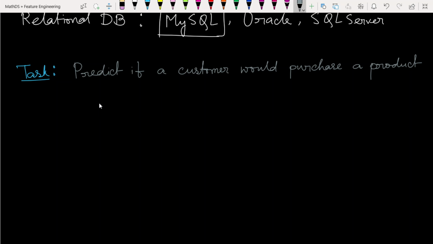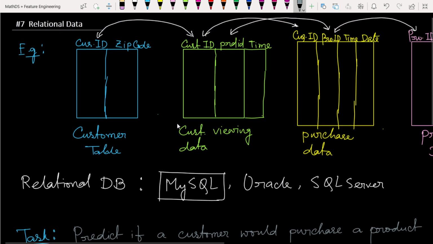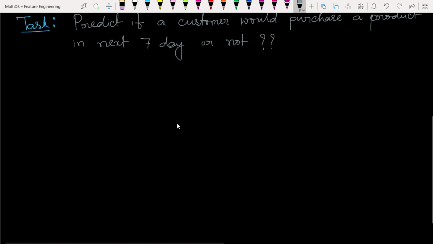That's the answer we have to give. We have to build some algorithms that will give answers from this data set. So let's see how we will do this job.